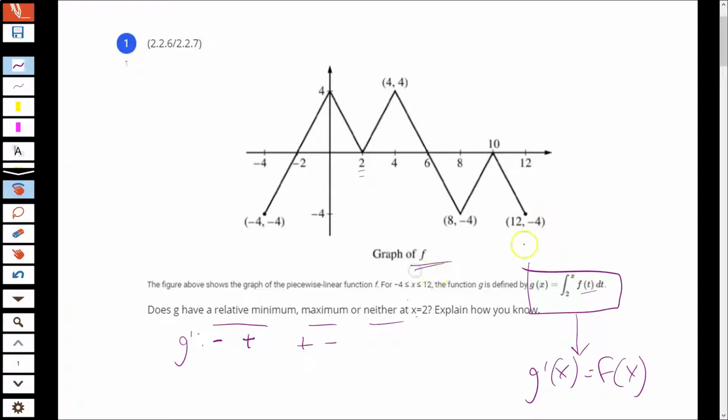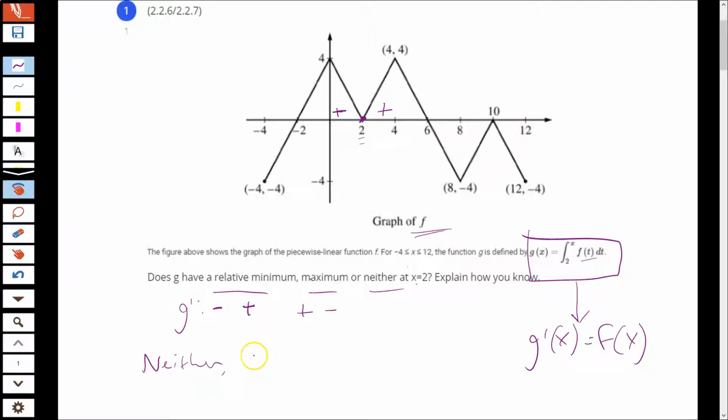The graph that we have is f of x. So we're looking at the signs of the graph around this point. Notice positive on the left, positive on the right. So we'd say neither, right? Because the derivative does not change signs.